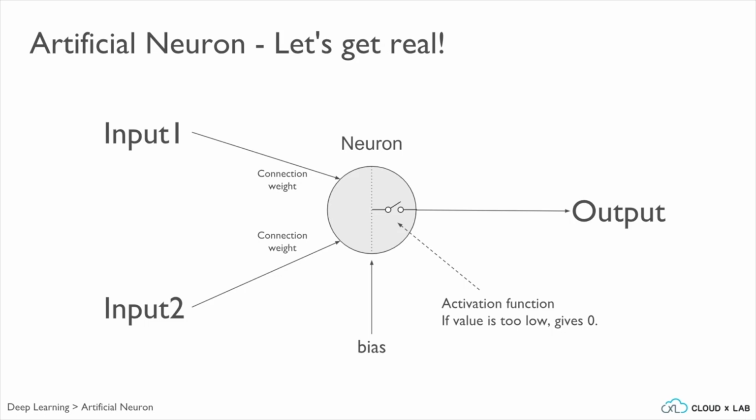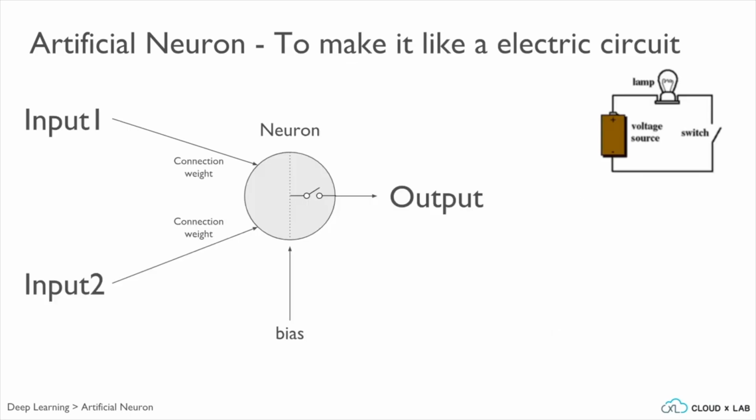To further visualize the activation function, imagine a function within the neuron which works like a switch, which turns a circuit on and off based on the magnitude of the value that is coming out of the neuron. Thus, the activation function makes the neuron behave like a switch or logic gate.